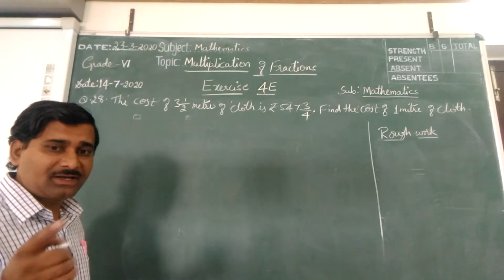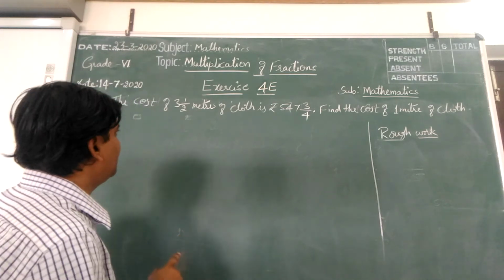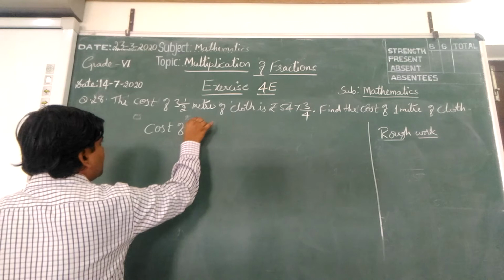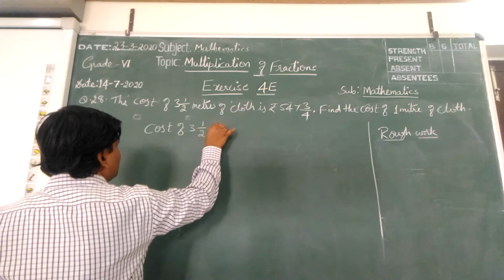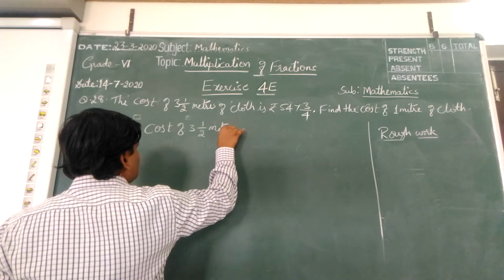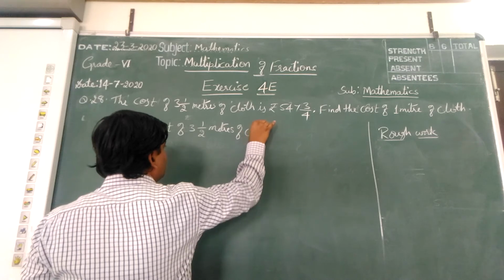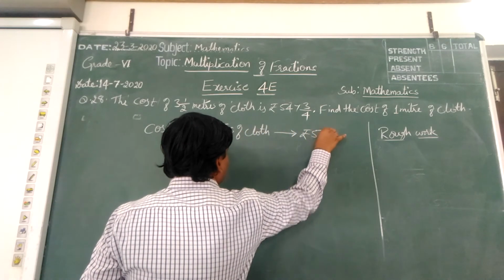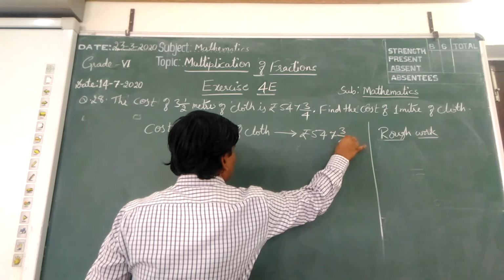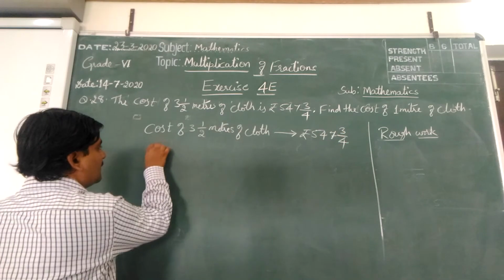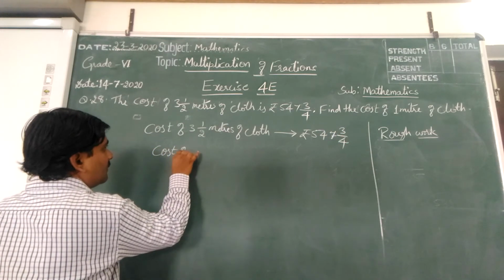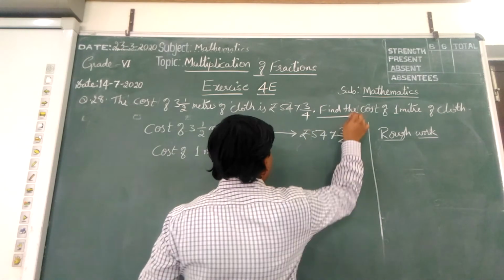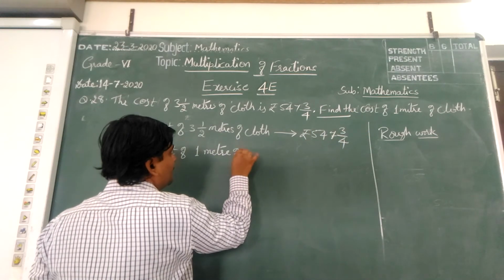So again, I will write this in the form of the unitary method. That is, the cost of 3.5 meters of cloth is given, that is rupees 547 3/4. We should find out the cost of 1 meter of cloth.